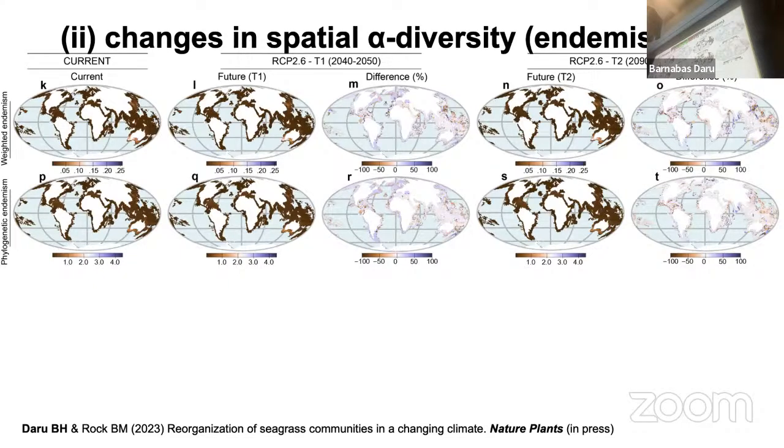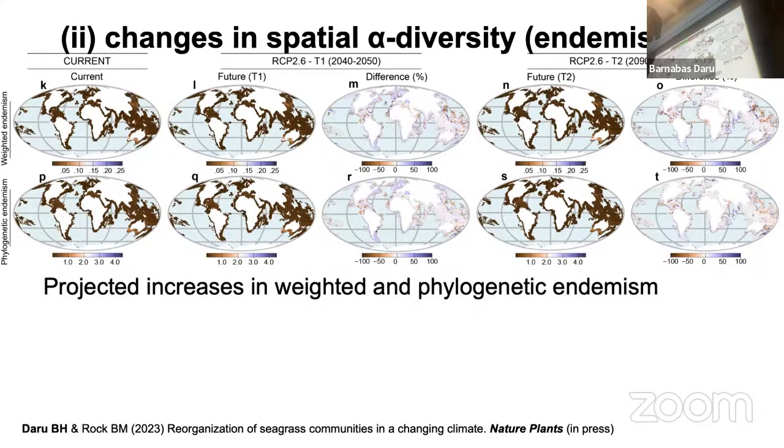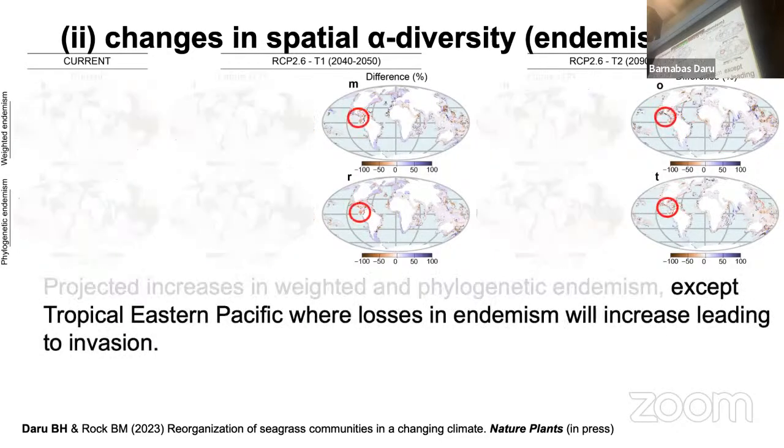And we took the difference as well. And so we found that there will be projected increases in weighted and phylogenetic endemism, confirming the range reductions that we found previously. However, the tropical Eastern Pacific will experience losses in endemism that will lead to invasion, meaning species in those regions are likely to experience projected range expansions.